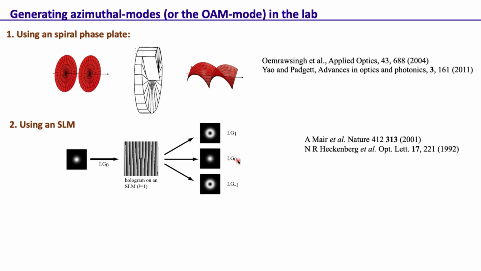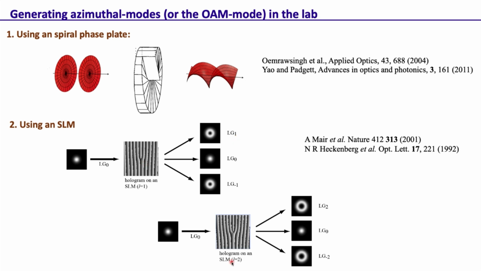The 0th order diffraction remains the same as the original beam, but in the first order diffraction, we see that this l equal to 0 mode gets converted to l equal to 1. And if you put a different hologram, say corresponding to l equal to 2, then again in the first order, this l equal to 0 mode changes into l equal to 2. So this is one way of generating these l modes, and that's another way.